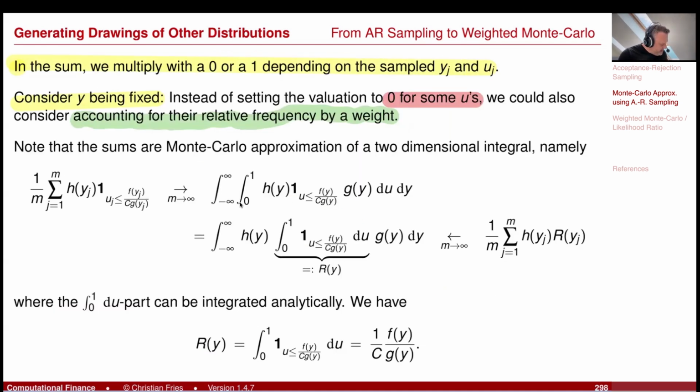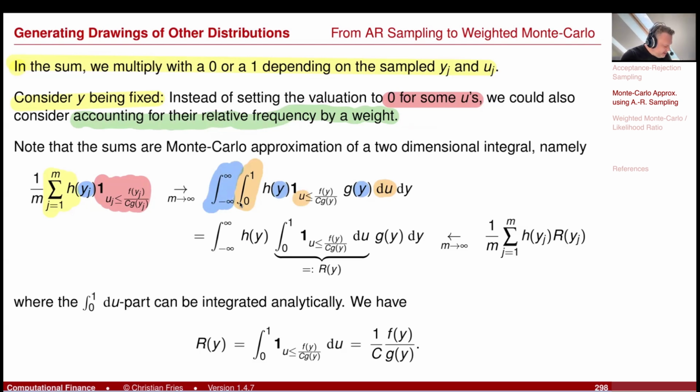So this sum, apply h to y and then multiply with the indicator, is the Monte-Carlo approximation of a two-dimensional integral. We have an integral over the u. u is uniform, so it comes from 0 to 1, and the density is just 1 du. And we have an integral over the y's, which live on the whole domain.